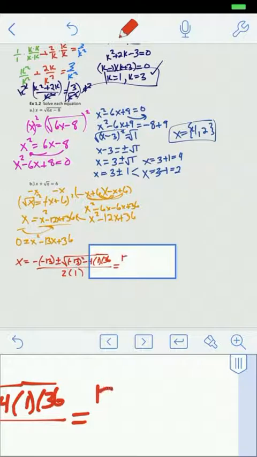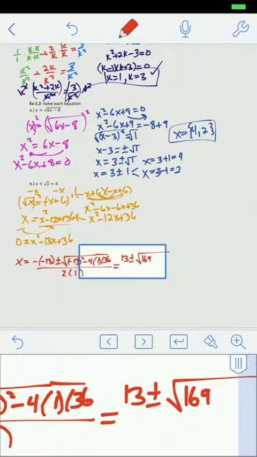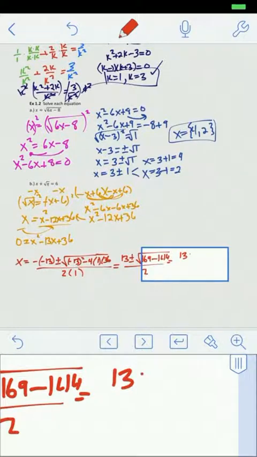That gives me a positive 13 plus or minus the square root of 169, which is negative 13 squared, minus 36 times 4, it's 144, over 2. 169 minus 144 is 25. So 13 plus or minus square root of 25 over 2.